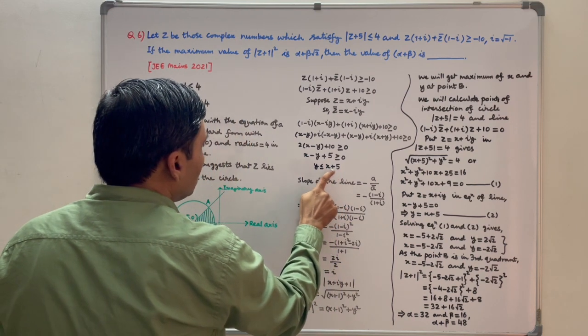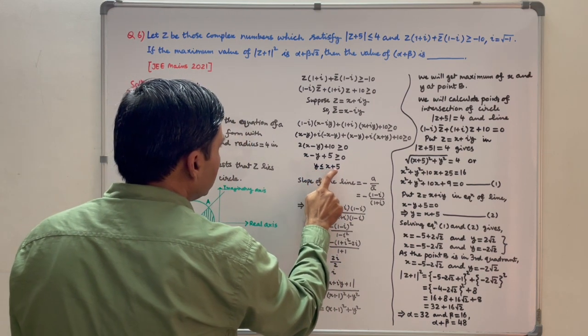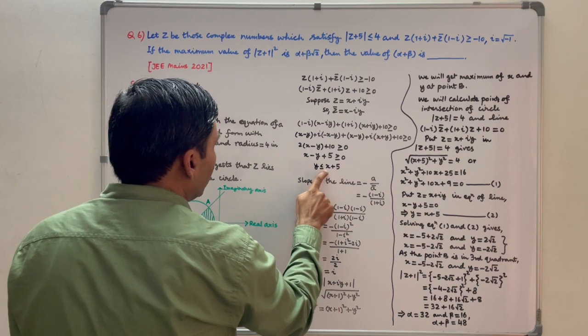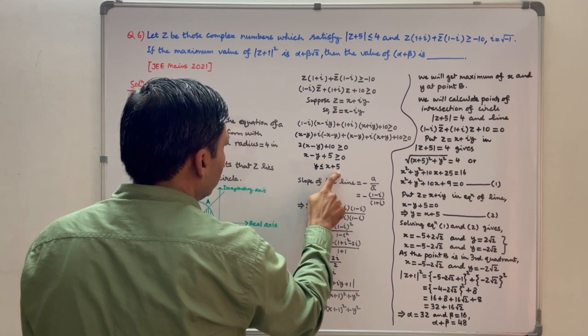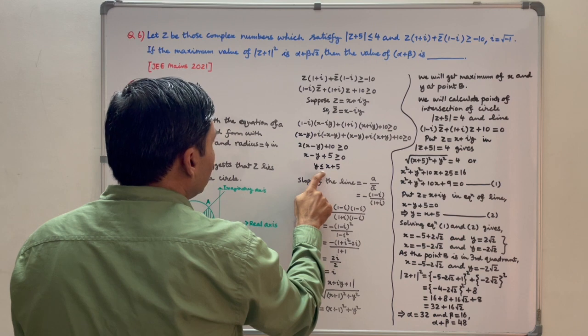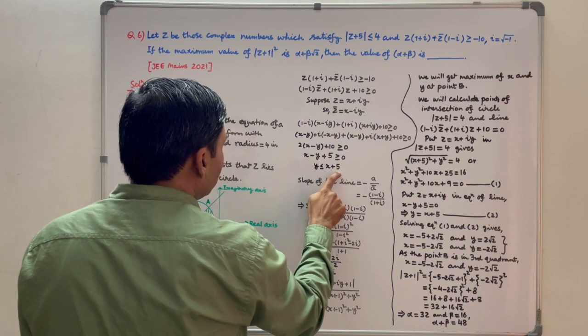Consider for a moment y is equal to x plus 5, which is a very familiar equation of a straight line in the form y is equal to mx plus c in Cartesian plane. Slope m is equal to 1 and y-intercept c is equal to 5.